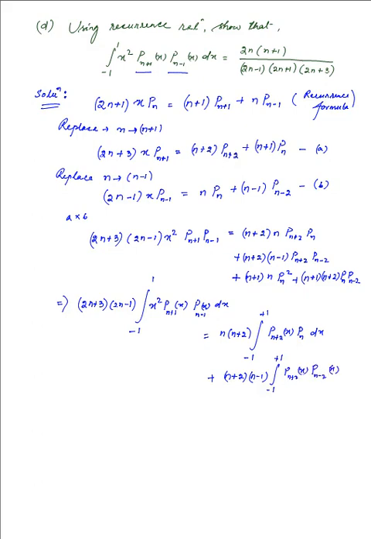The third term, n times n plus 1, whatever it may be, Pn squared of x dx, and this is from -1 to +1 as well. And the fourth term, n plus 1, n plus 2, -1 to +1 integrated Pnx, Pn minus 2x dx.